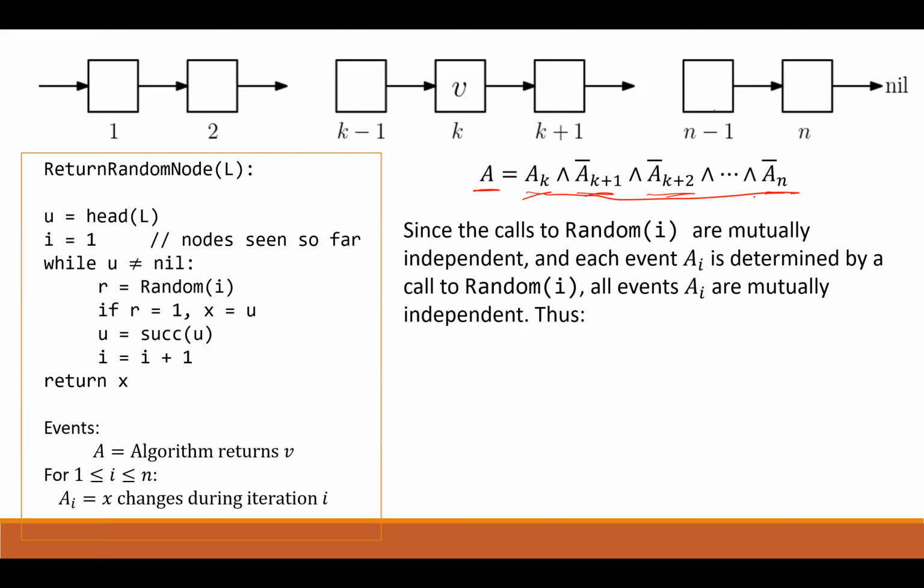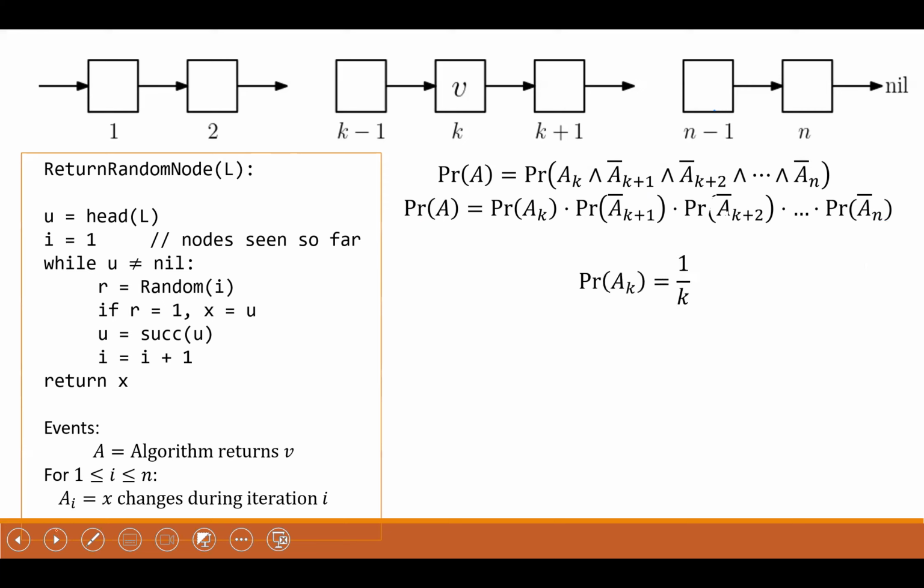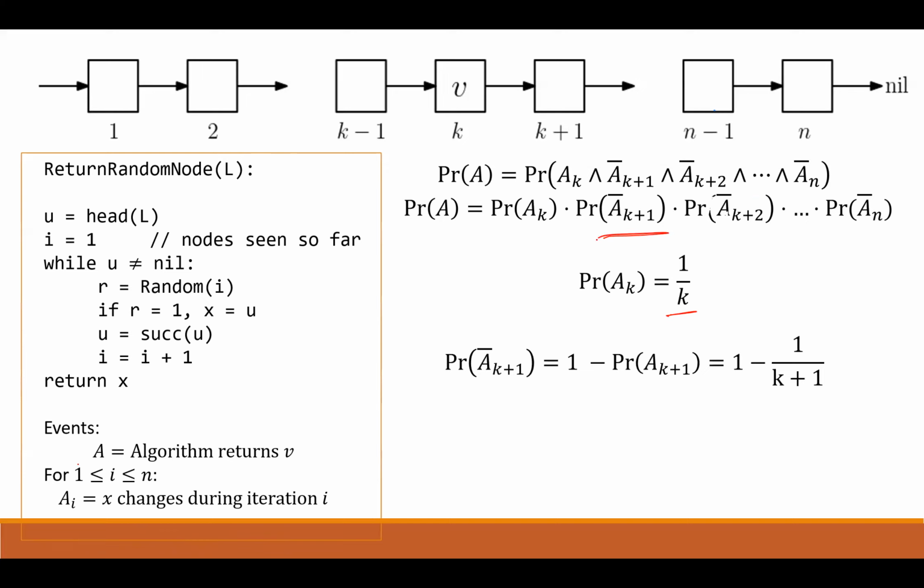So now I just have to determine the probabilities and show that it's equal to 1 over N. Okay, so the probability of A is equal to the product of all of these individual probabilities. We know the first one is 1 over K. So let's determine the probability of these ones. We've sort of seen them already, but let's do them officially. The probability of AK plus 1 not happening is 1 minus the probability that it does happen, which is 1 minus 1 over K plus 1.